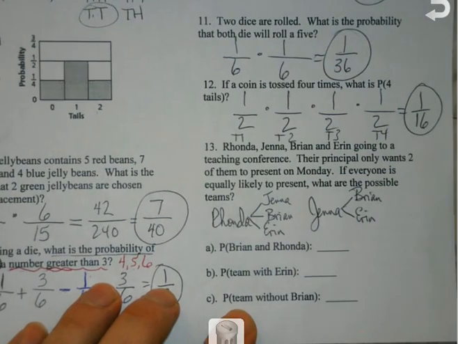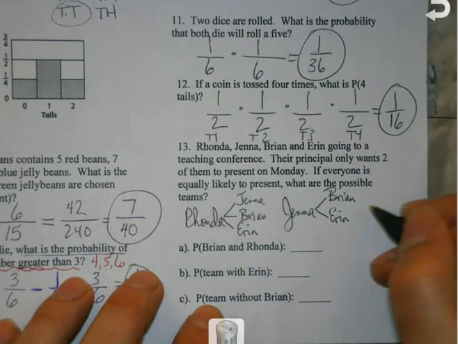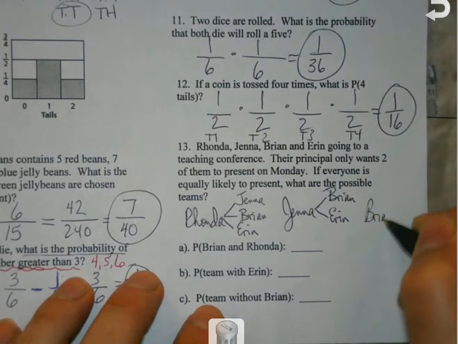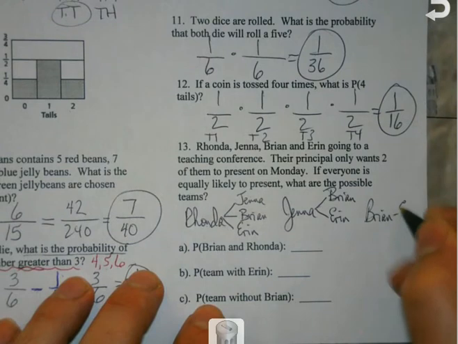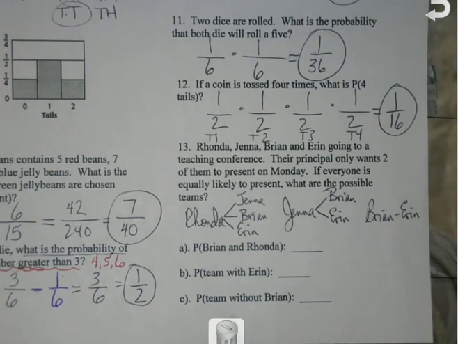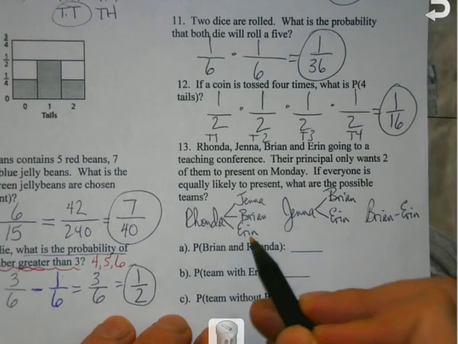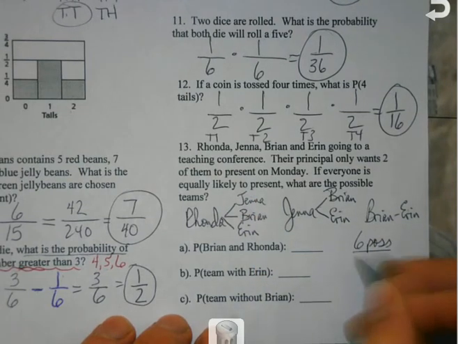So I'm like, are there any other possibilities? Well, there are. Because then I go to Brian, and I go, okay, now Brian's already teamed with Jenna, already teamed with Rhonda, but there hasn't been a Brian-Aaron combination here. So I notice there's 1, 2, 3, 4, 5, 6 possibilities.